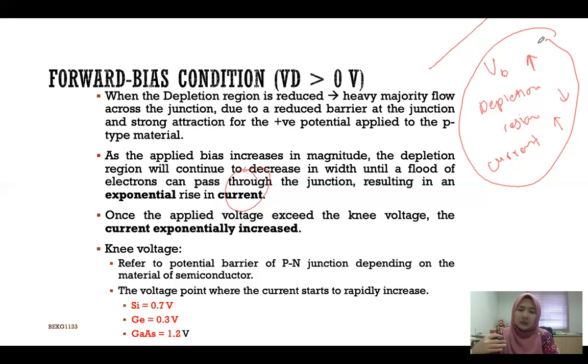So different materials have different potential barriers or different knee voltages. For example, for silicon, the knee voltage or potential barrier voltage is 0.7, for germanium it is 0.3, and for gallium arsenide, if I'm not mistaken, it is 1.2 volt.